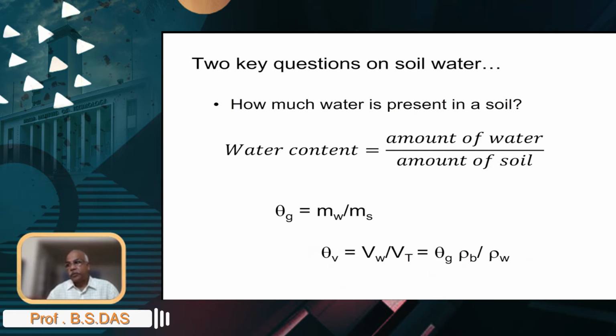Mostly whatever small amount of water is there is in the adsorbed phase or in the form of bound water. And so, excluding the bound water, at 105 degrees centigrade all the water gets evaporated and diffused out over a period of 24 hours, leaving the dry soil.